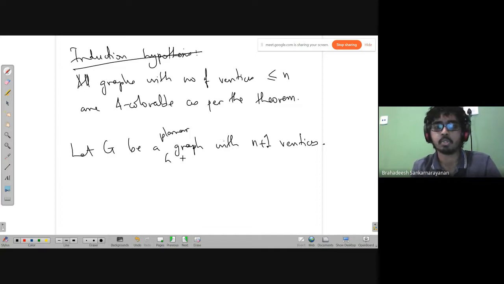This is what we will assume, and what we will try to prove is that for G, the four-color theorem is true. Okay. Once again, we can assume that all faces are triangles. You can assume it's connected, things like that. Connected, maximal.